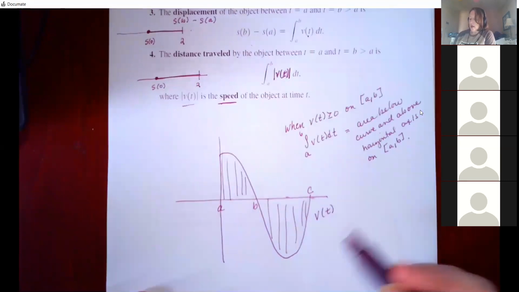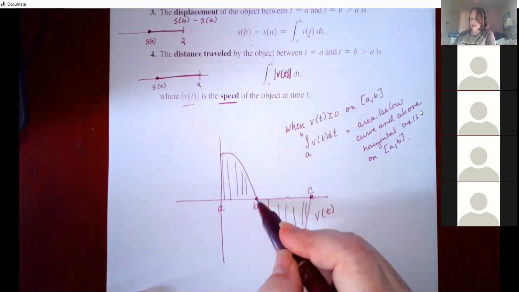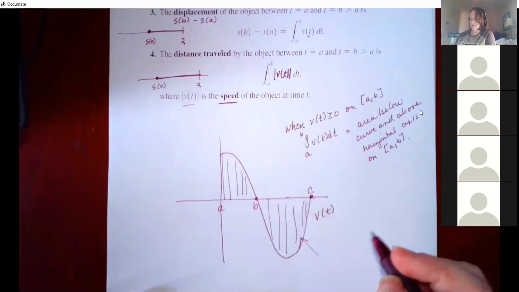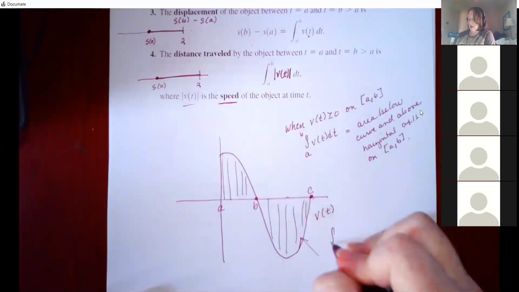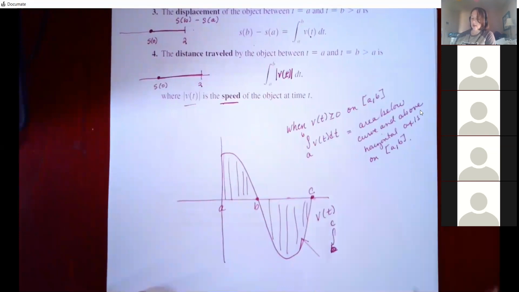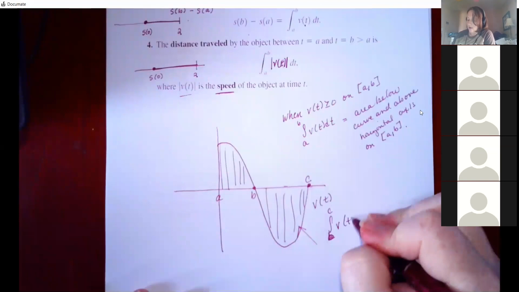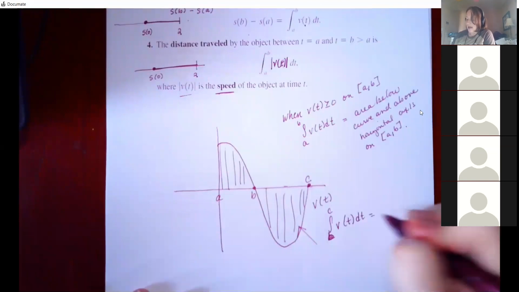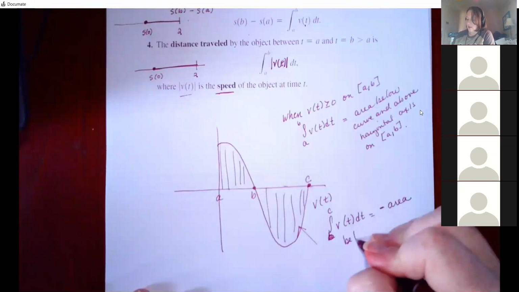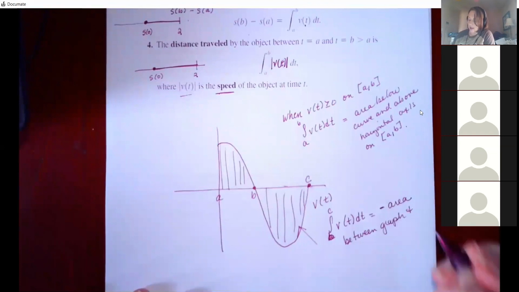When your integral is of a function that is completely below the horizontal axis, oops, this would be from B to C. So if we're looking at the integral from B to C of this function, that's going to be the negative of the area between the graph and the horizontal axis.